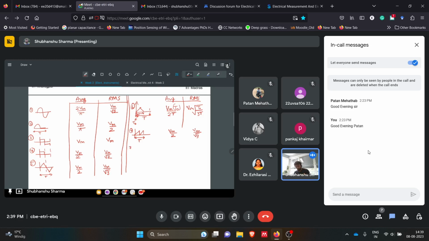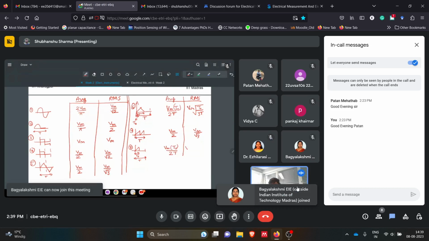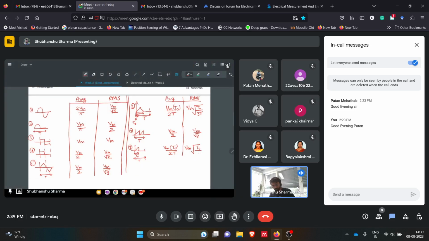And for generalized sawtooth waves with t naught time period and full time period T, the average will be Vm t naught divided by 2T, and the RMS will be Vm under root t naught divided by 3T.